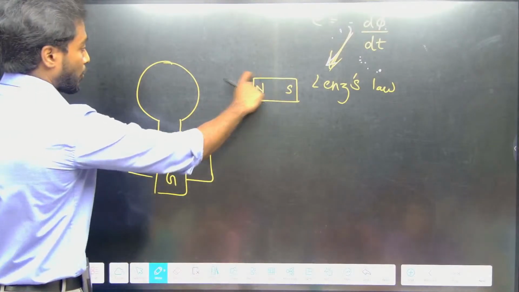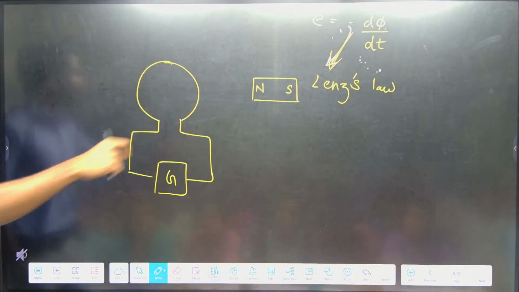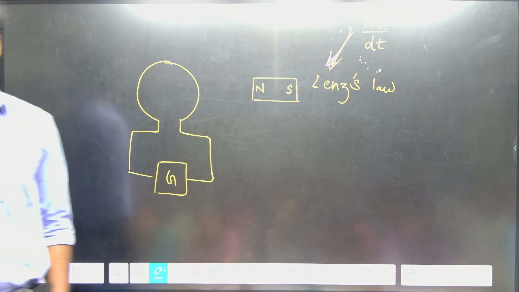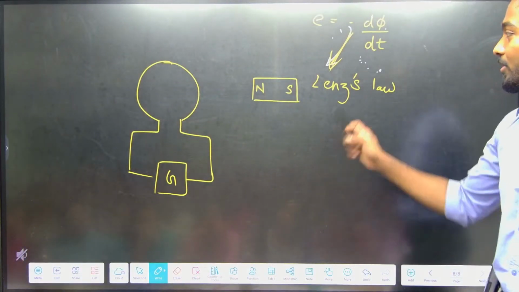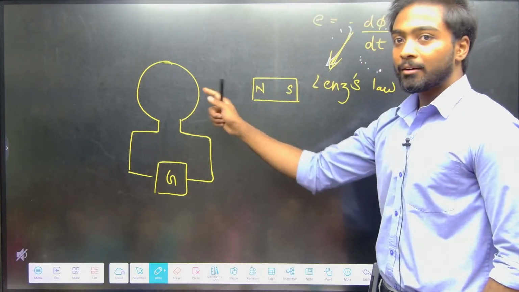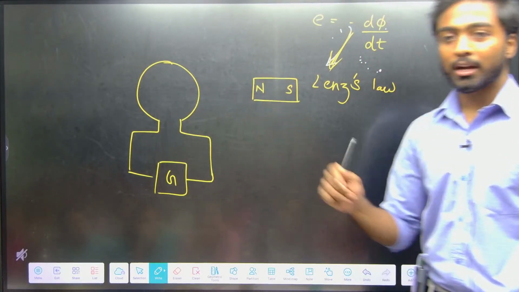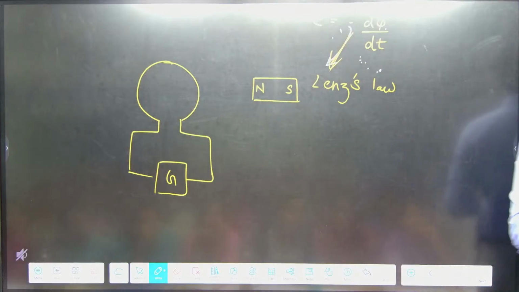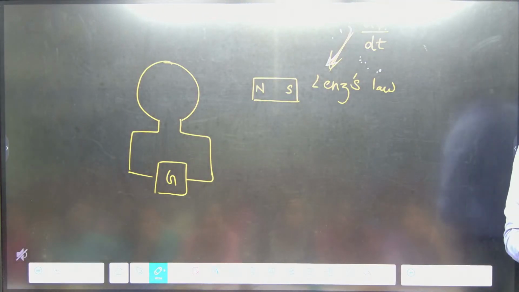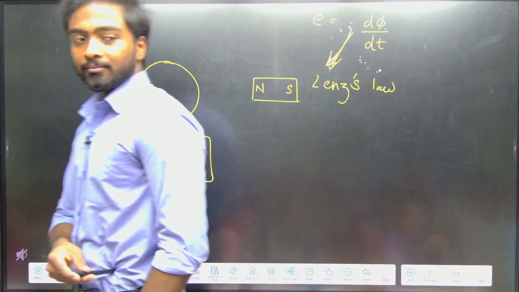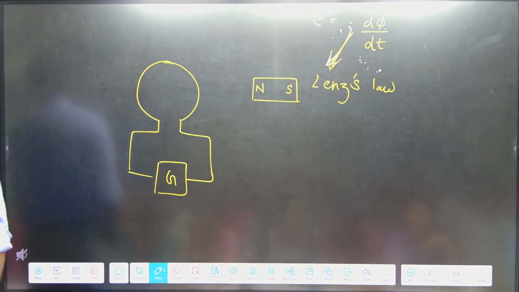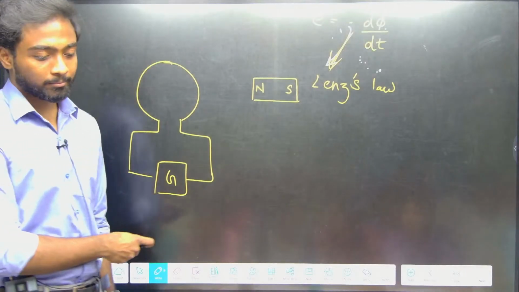Now if I try to move this magnet, will a current be induced or not? If I try to move this magnet front and back, will the current be induced or not? How and why?